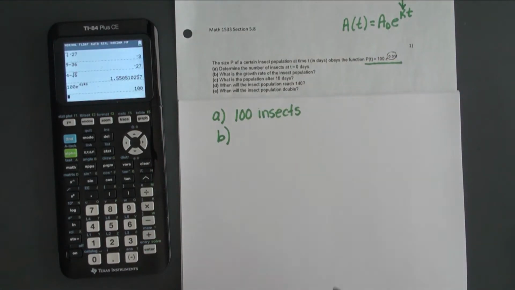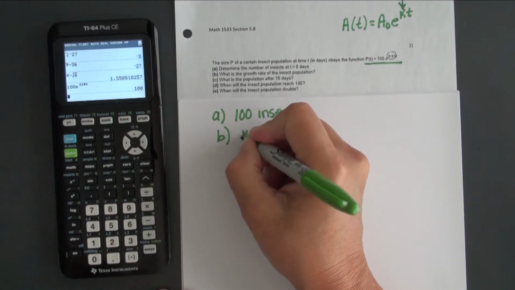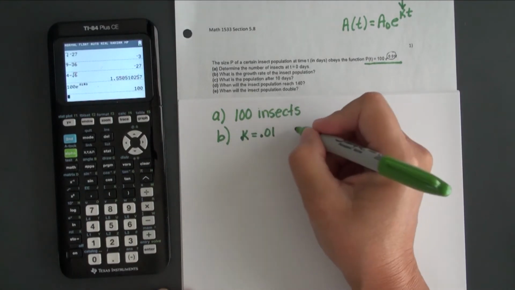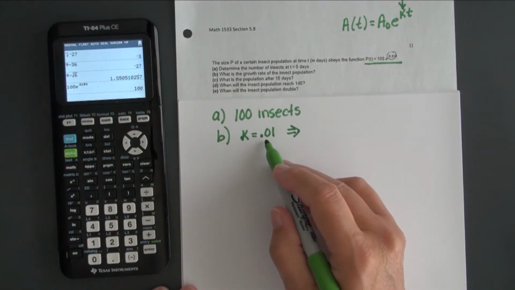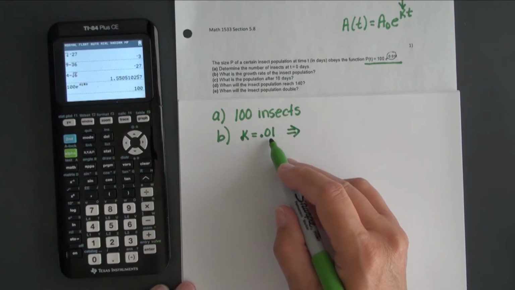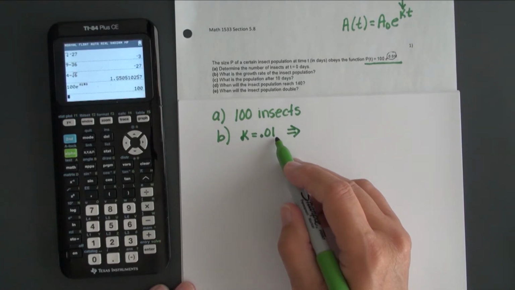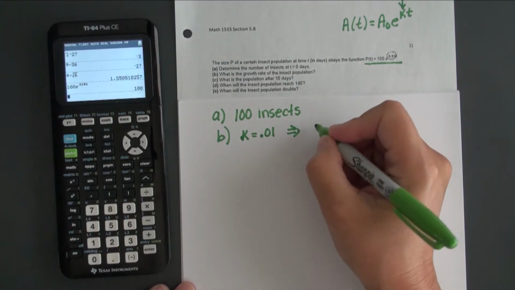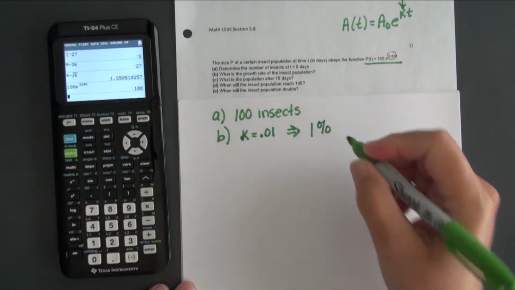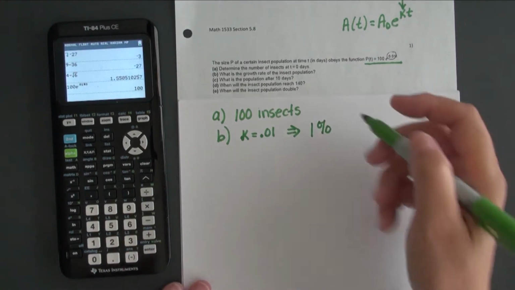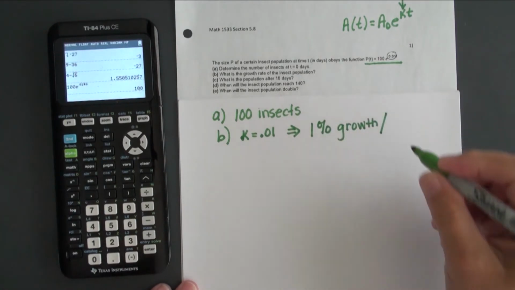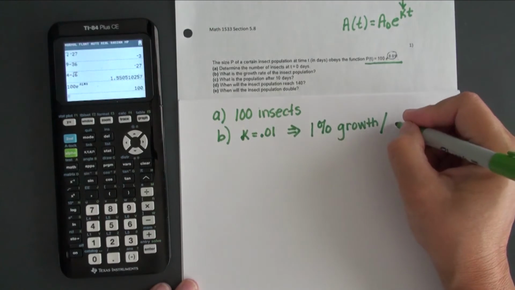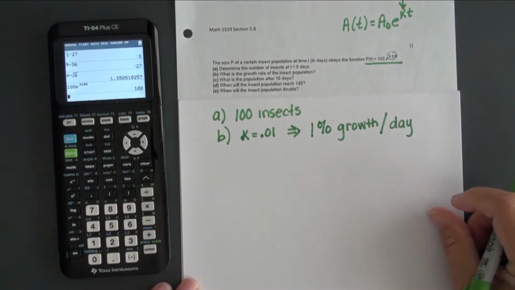So our growth rate is 0.01, which means, if you change that to a percentage, you would move the decimal over 2 places to the right, or multiply 0.01 times 100, and that would give us 1%. K is positive, so 1% growth per day because t is in days. So our growth rate is 1% growth per day.